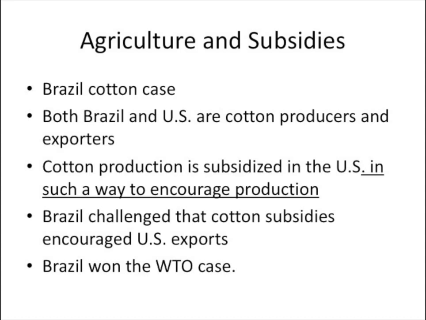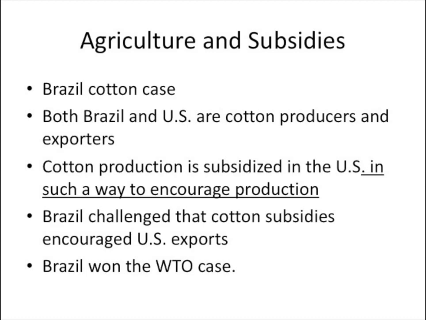A country can subsidize an industry, but it must not encourage production. Some of the ways you could introduce subsidies that would not encourage production is tie it directly to land and not to output. But in any case, at that point in time, cotton was subsidized and it did encourage production.